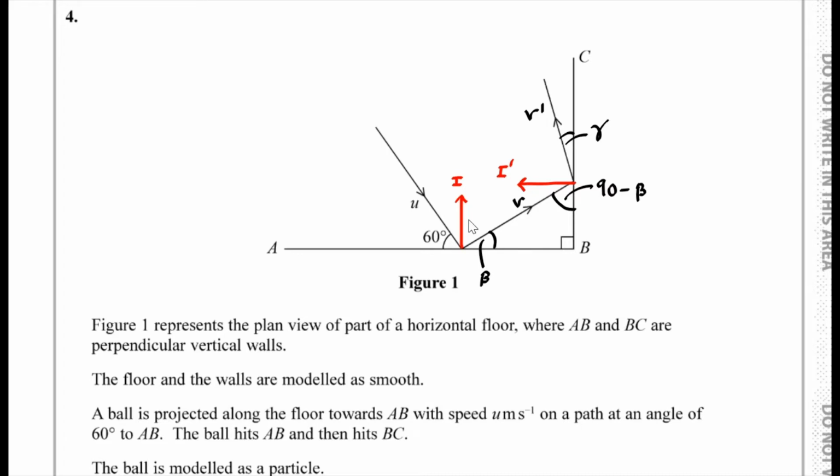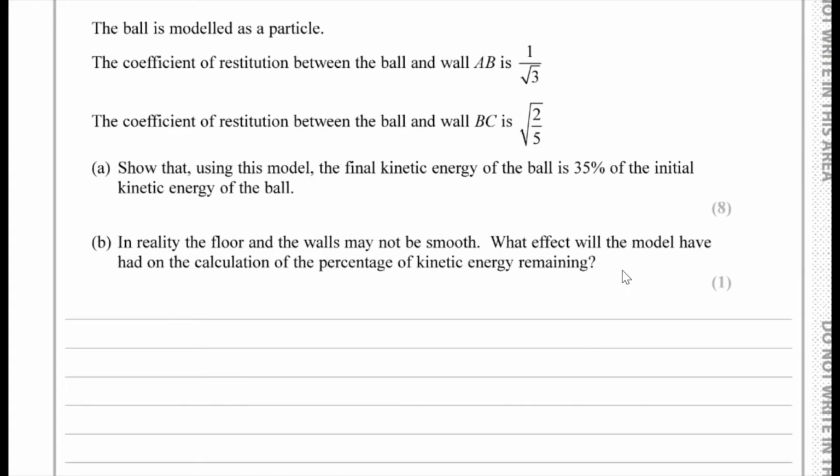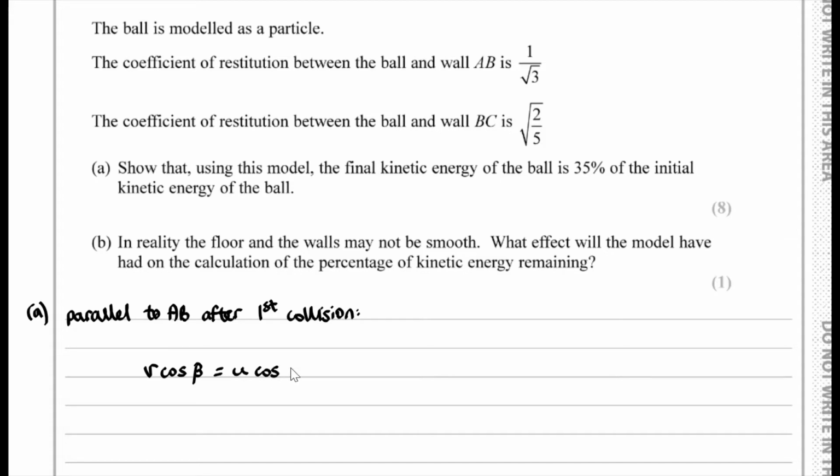Now, if we consider resolving parallel to AB after the first collision, let's just write all this down. So for part A, if we resolve parallel to AB after this first collision, we have over here V times by the cosine of beta equals U times by the cosine of 60.